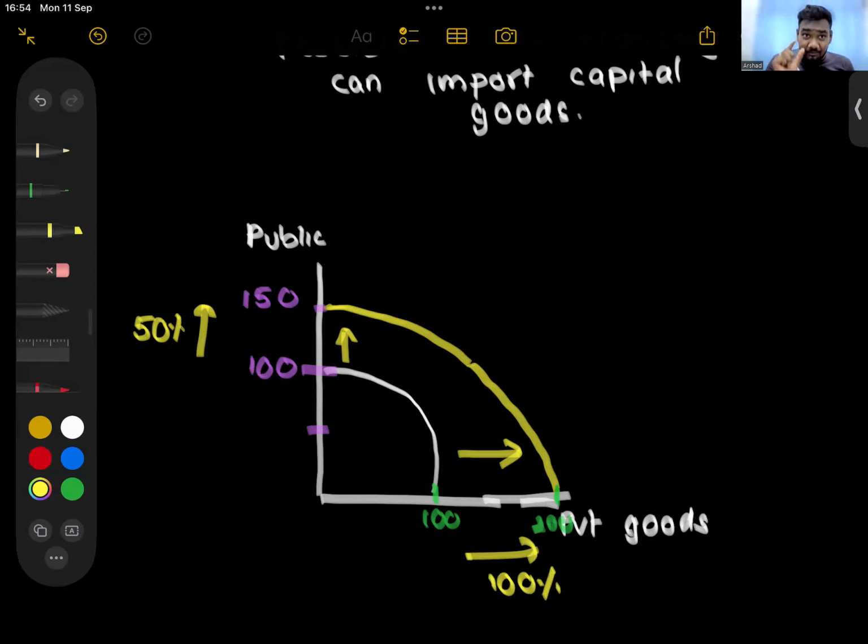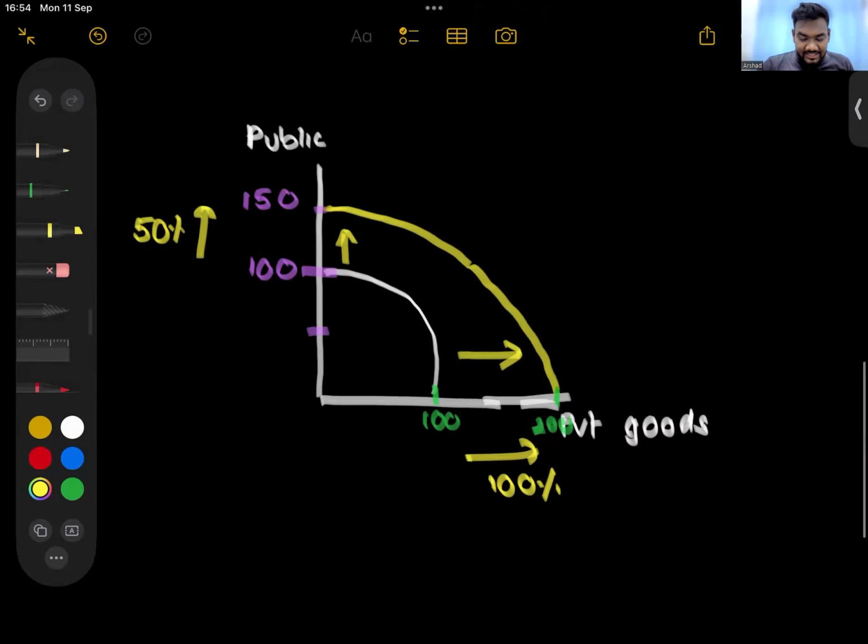So that is a more accurate and correct answer. Try to take proper distances also, along with putting some numbers. Then the examiner knows this fellow knows what he's doing. He has taken 50% and 100% here. Is that okay, guys? That was question C, part 2.